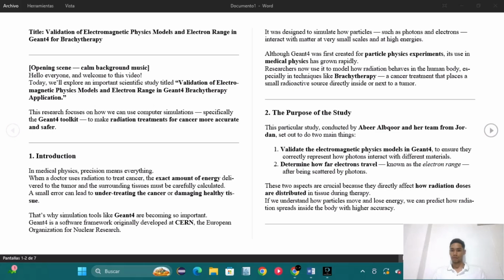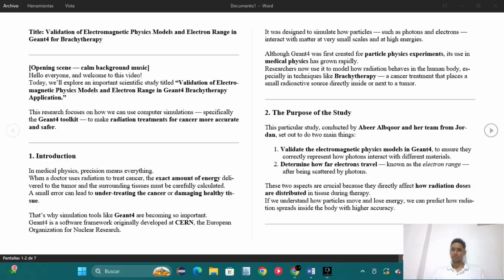Although Geant4 was first created for particle physics experiments, its use in medical physics is growing rapidly. Researchers use it to model how radiation behaves in the human body, especially in techniques like brachytherapy, a cancer treatment that places a small radioactive source directly inside or next to a tumor.